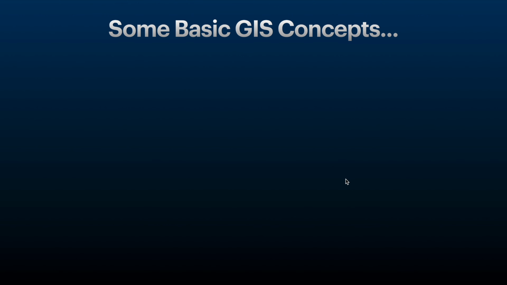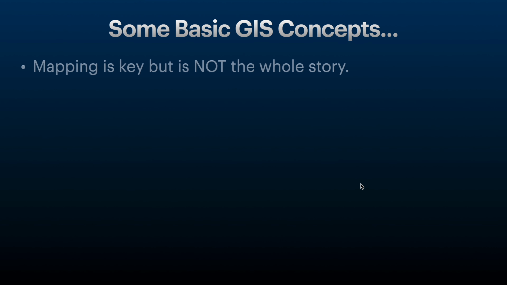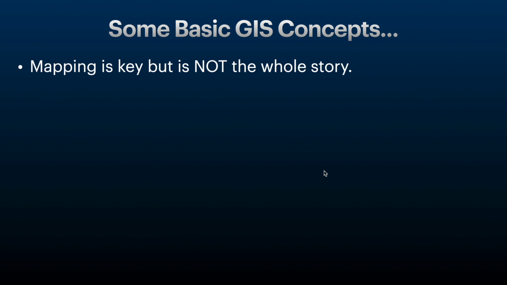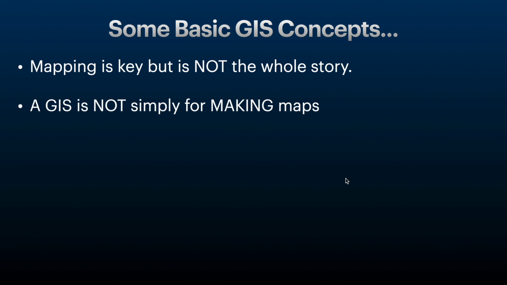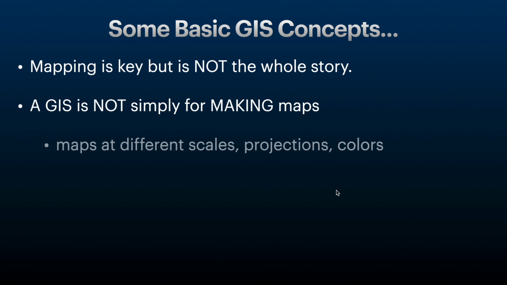Some basic GIS concepts. Mapping is key, but it's not the whole story. GIS is not simply for making maps. It's rightly said that mapping is key, but not the whole story. It means mapping is just a beginning, like in our conventional research, where data collection is not research.